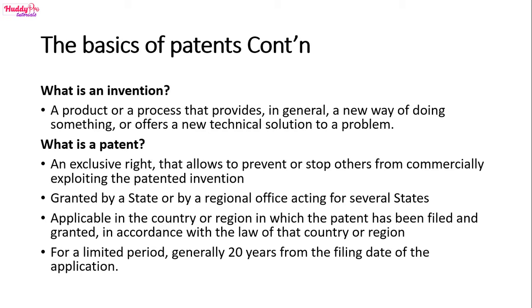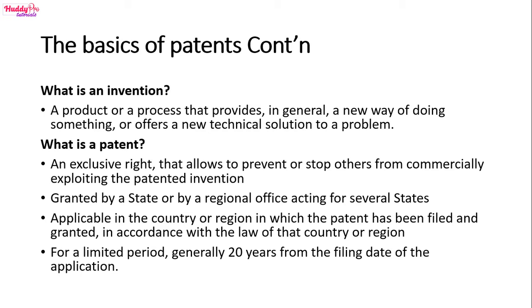After understanding what an invention is, what about a patent? A patent is an exclusive right that allows you to prevent or stop others from commercially exploiting the patented invention.